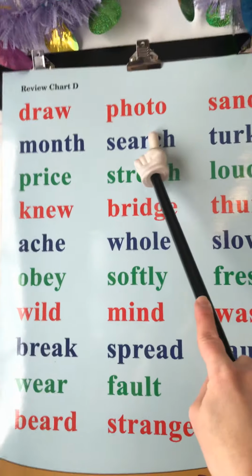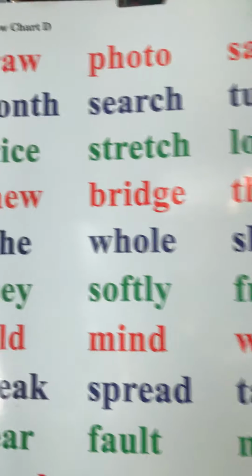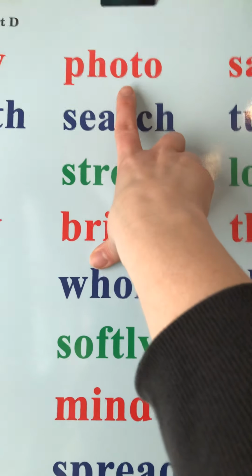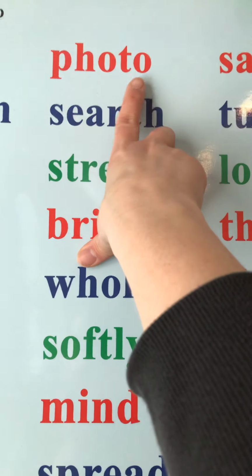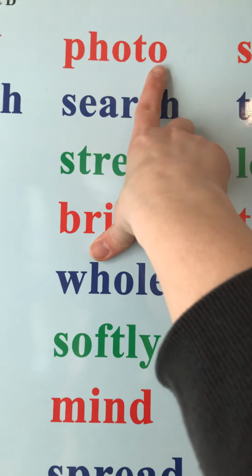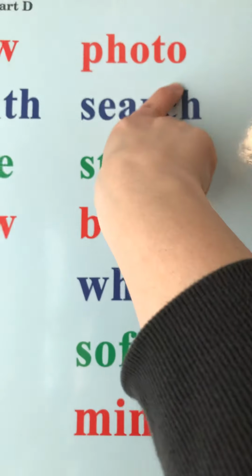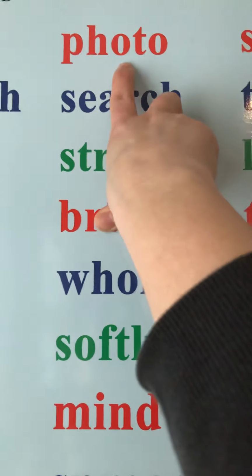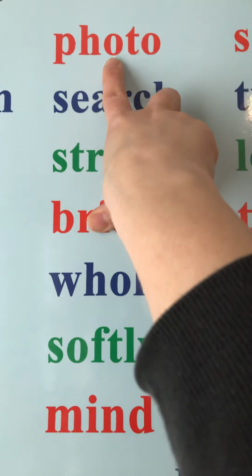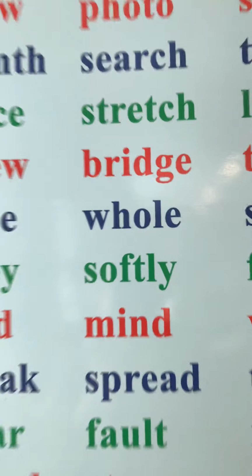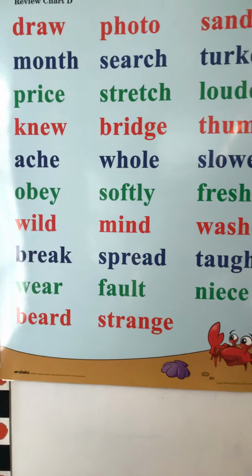A photo. What special sounds do we see? Ph in phone. And then this one, I think we can consider this O and go, although photo is not really a short word, but this O is long also. It is pronounced photo.